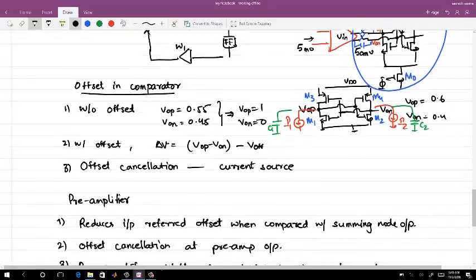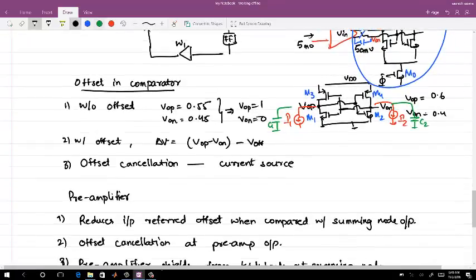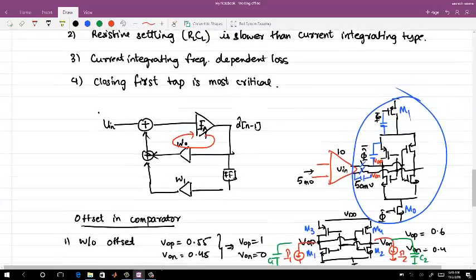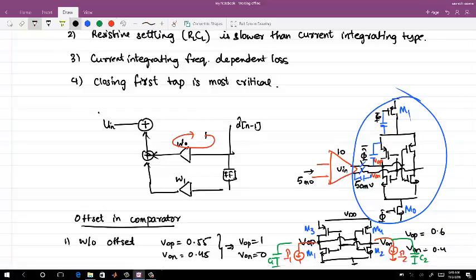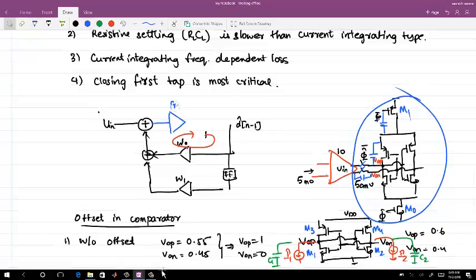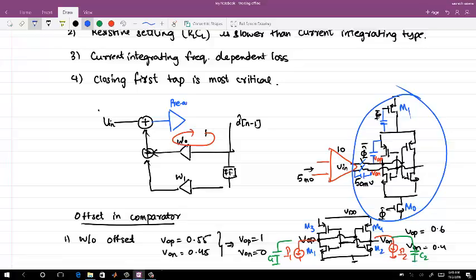Now, let me ask this question. In place of this comparator, I have now placed a preamplifier and an actual decision making block, which is clocked at phi.